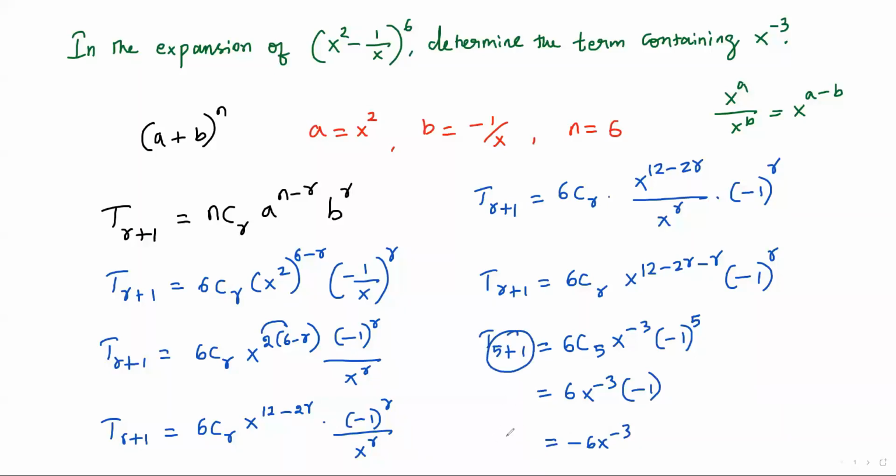Here 5 plus 1 is 6. So in the expansion of the given binomial (x squared minus 1 over x) whole to the 6th power, the 6th term contains x to the negative 3rd power. So the term containing x to the negative 3rd power is T6 is equal to negative 6 x to the negative 3rd power.